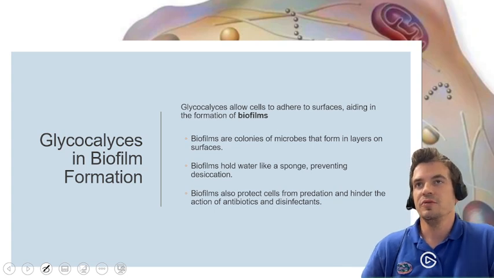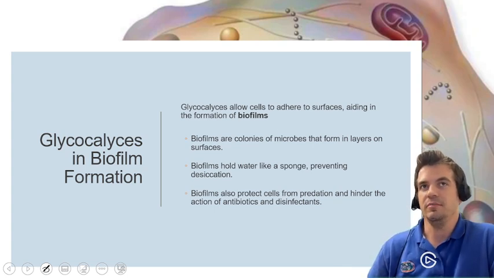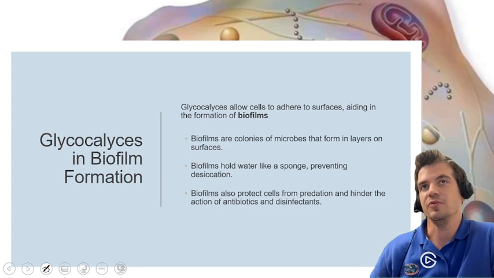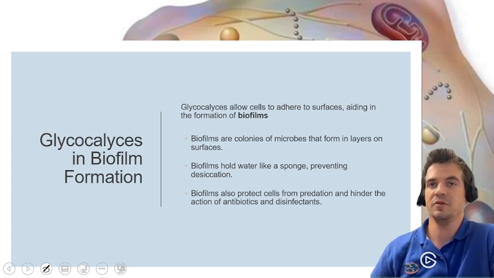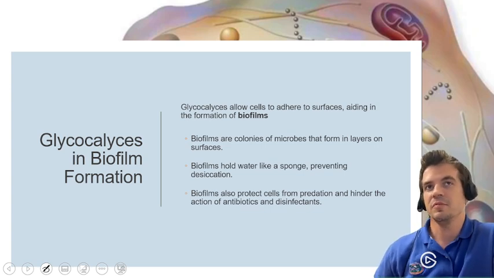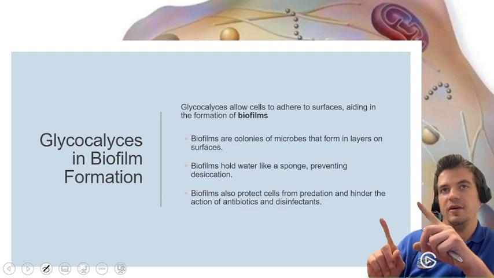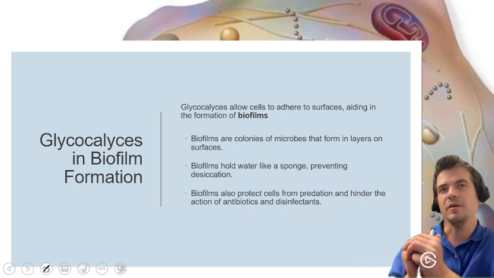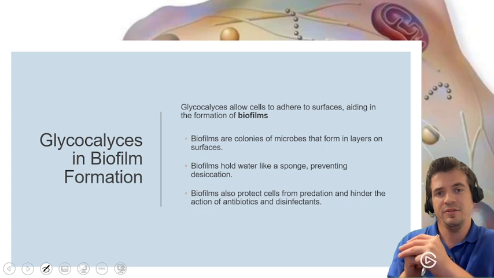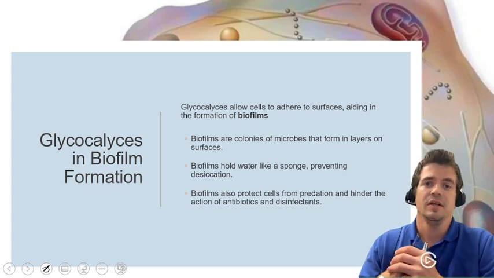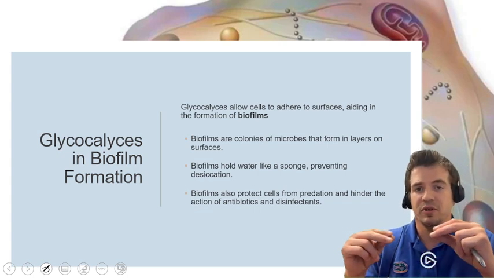We can also use them to get us started to form biofilms. You don't need glycocalyces to form biofilms, but it is important to think about. Biofilms are really important in things like catheters in hospitals because these biofilms are really hard to get rid of.